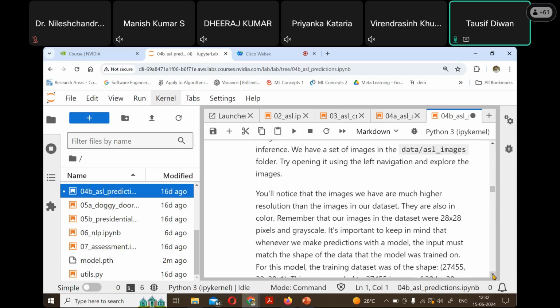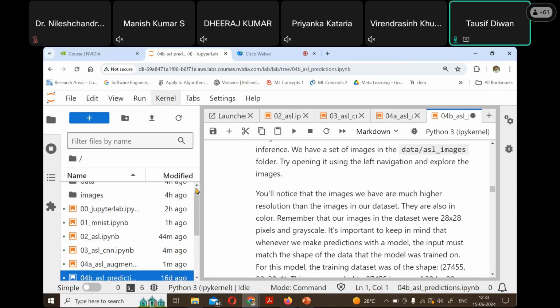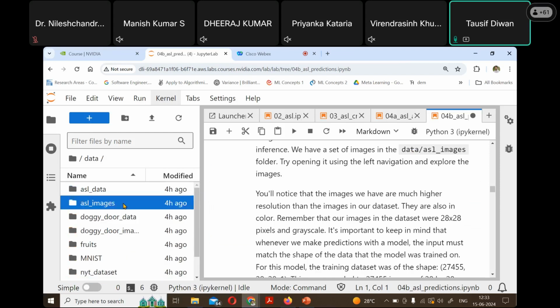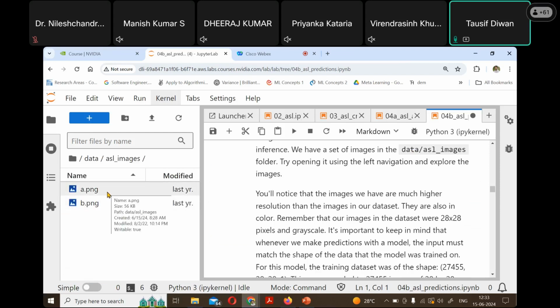Preparing the image for the model. See, we have some images in this data ASL image folder. Just look at this. This is my data, my ASL image. Some images are there, a.png and b.png. We will work on these two images.